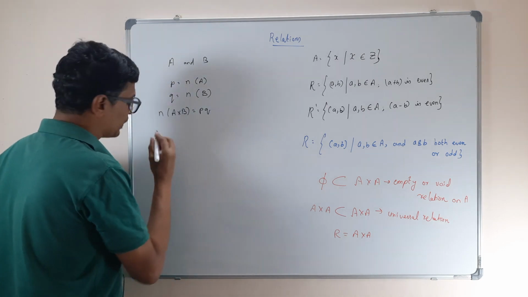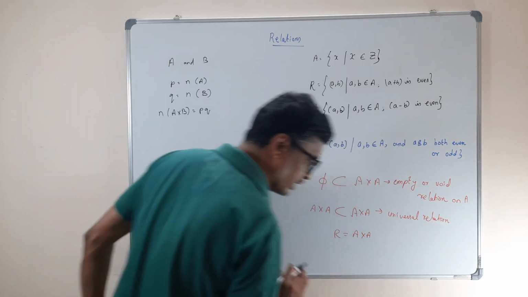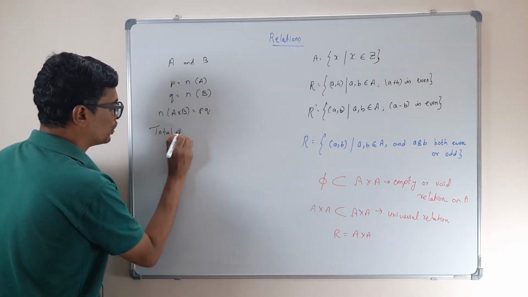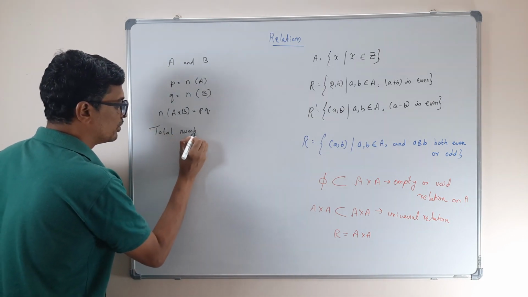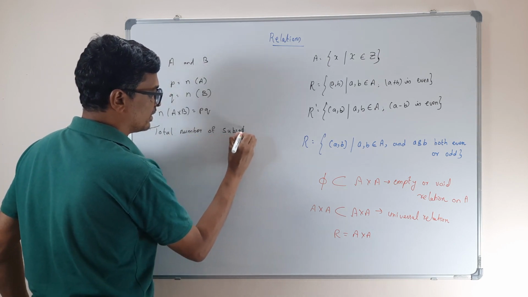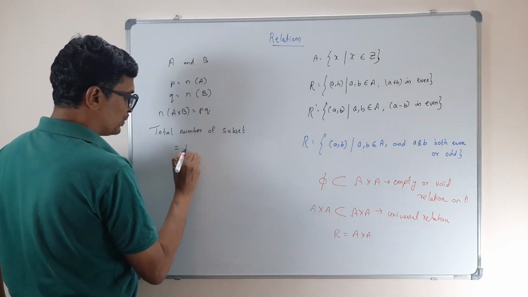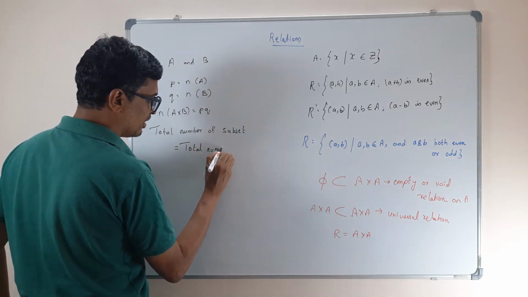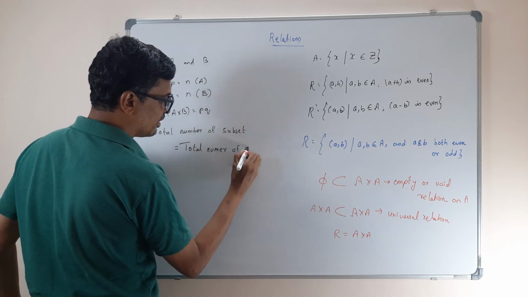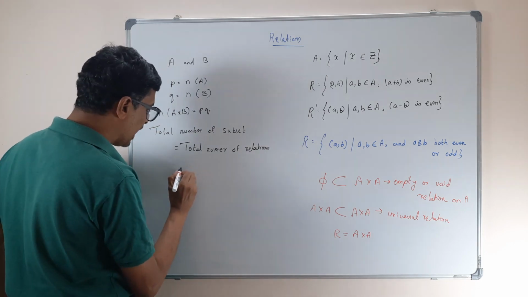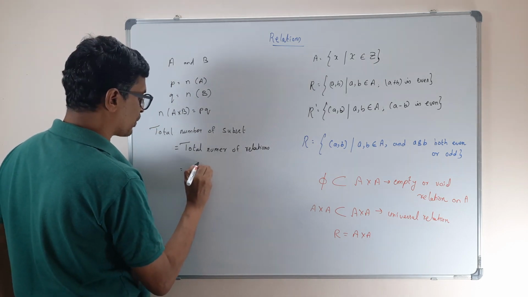So the total number of subsets will be equal to the total number of relations. That will be equal to 2 to the power of PQ.